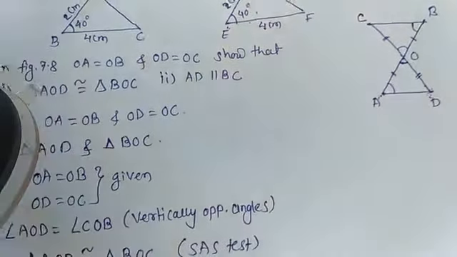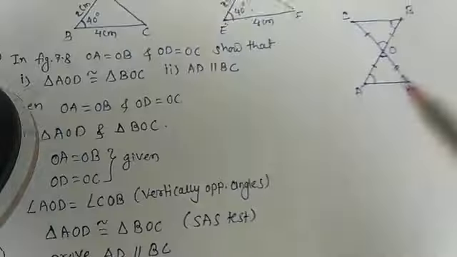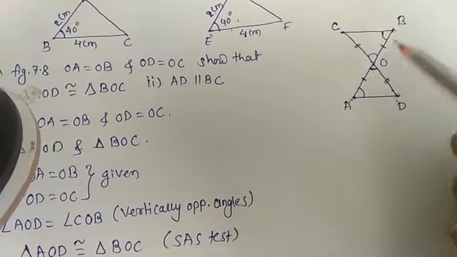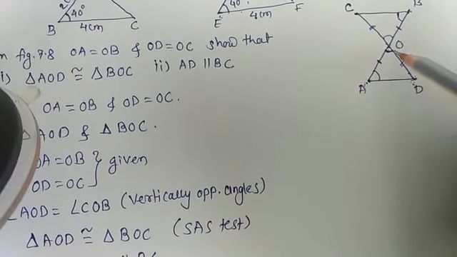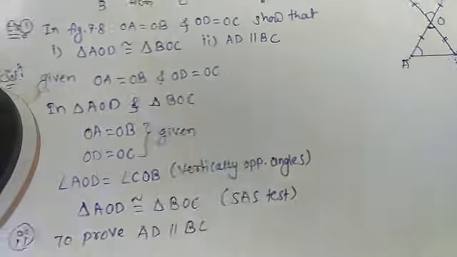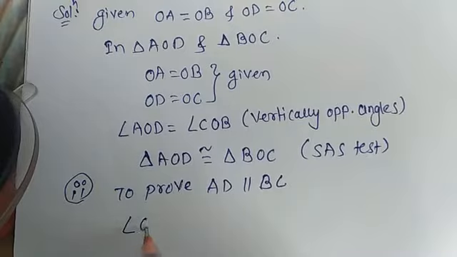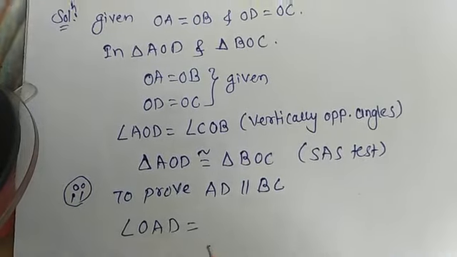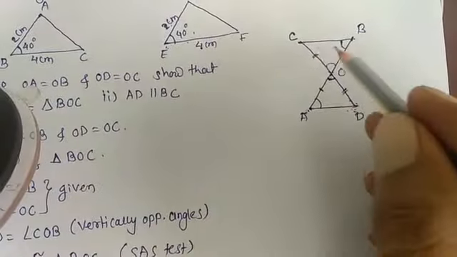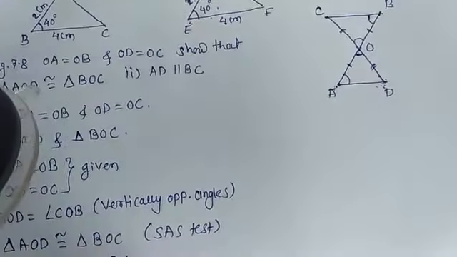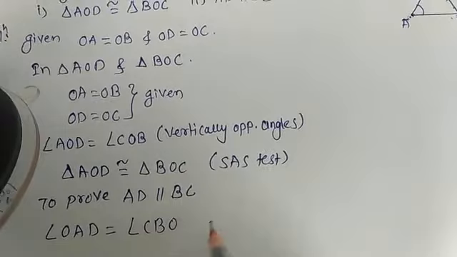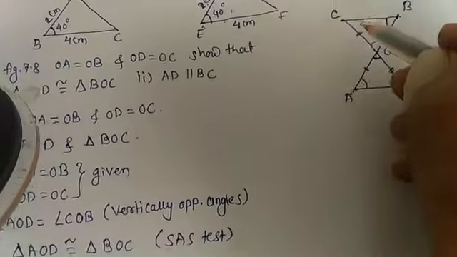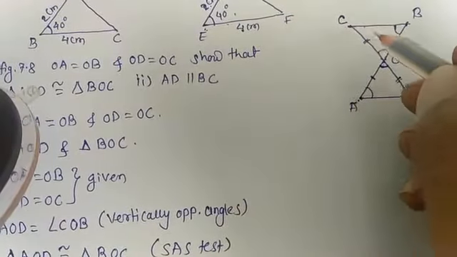Now these two triangles AOD and COB are congruent, so by CPCT we can say that angle OAD will be equal to angle CBO. They are alternate angles.